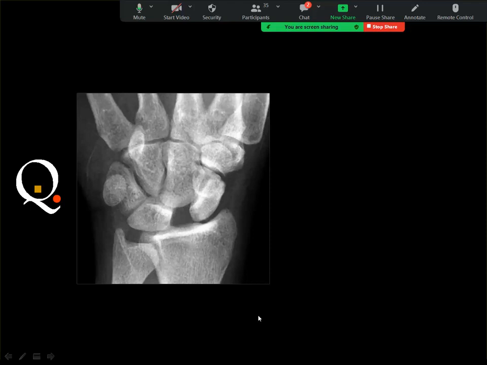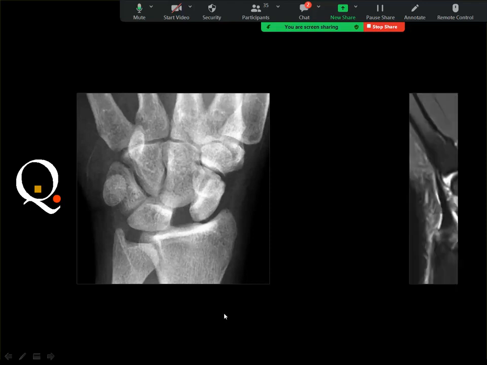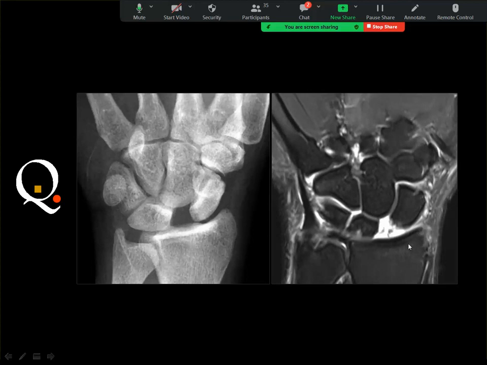The scapholunate ligament is ruptured, and this is the MRI, in which you can also see the same finding. The scapholunate ligament is not there. Its site is occupied by fluid with displacement of the scaphoid and lunate away from each other.